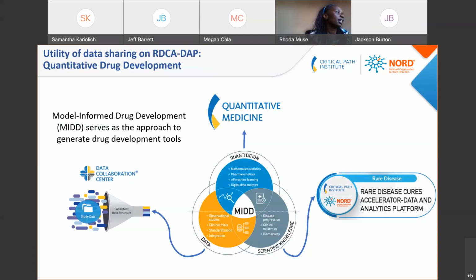For example, the Data Collaboration Center within CPATH provides us with the data. The quantitative medicine team does the modeling, and our external collaborators within the Rare Diseases Forum help us and provide scientific knowledge and other knowledge on disease progression. All of this working together enables us to develop the drug development tools.